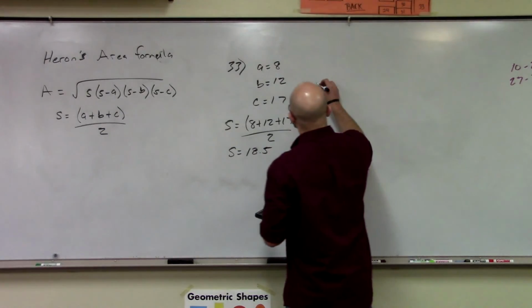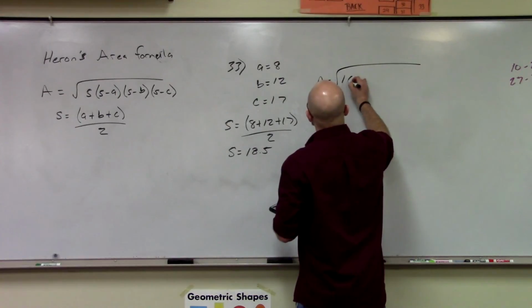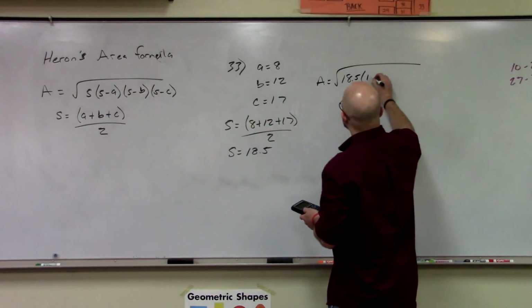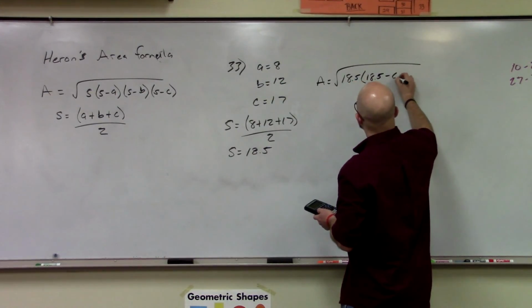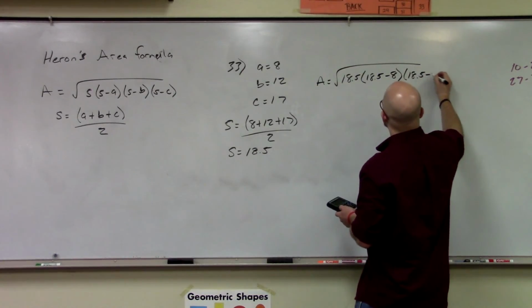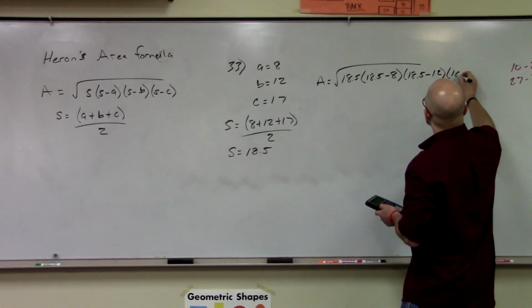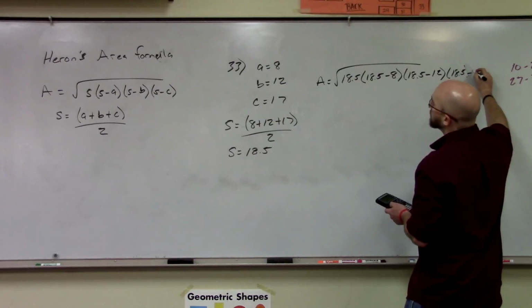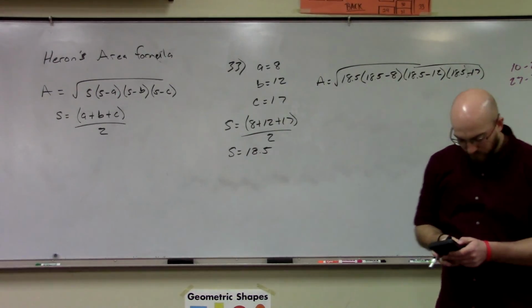So the square root of 18.5 times 18.5 minus 8, times 18.5 minus 12, and 18.5 minus 17. Now let's just go ahead and plug it into our calculator.